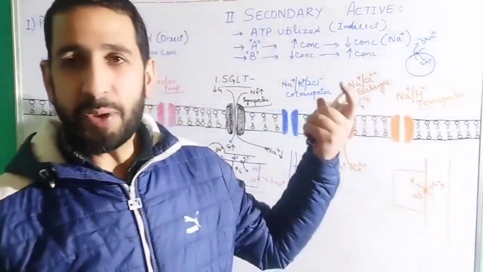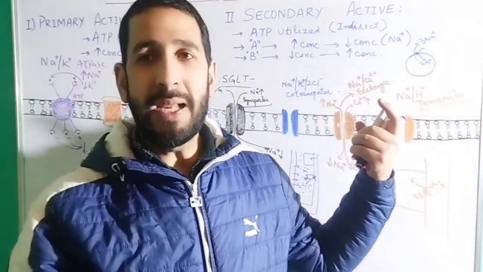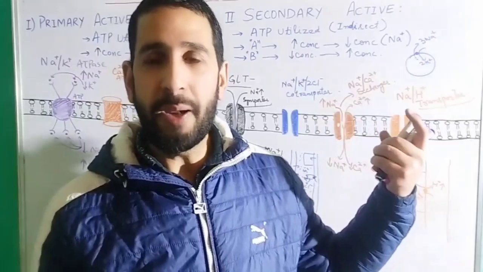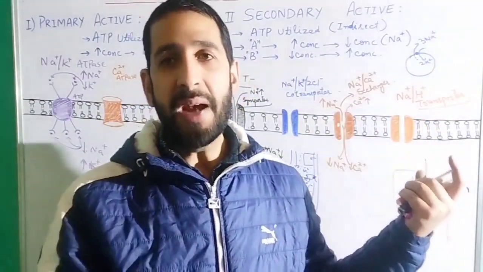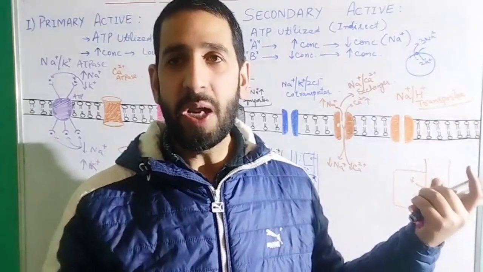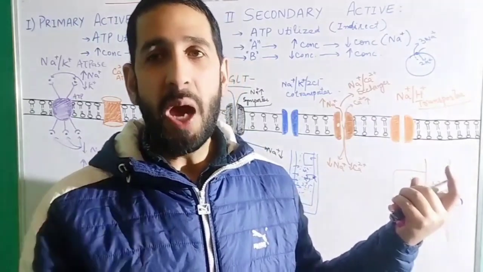And in secondary active transport, more than one substance is being transported. One is mostly going to be sodium, but that sodium is being transported from high to low concentration. And another substance which will be transported along with the sodium will definitely be going from low concentration to high concentration.